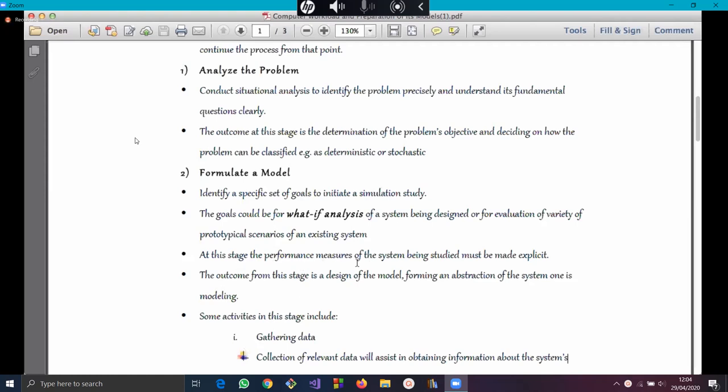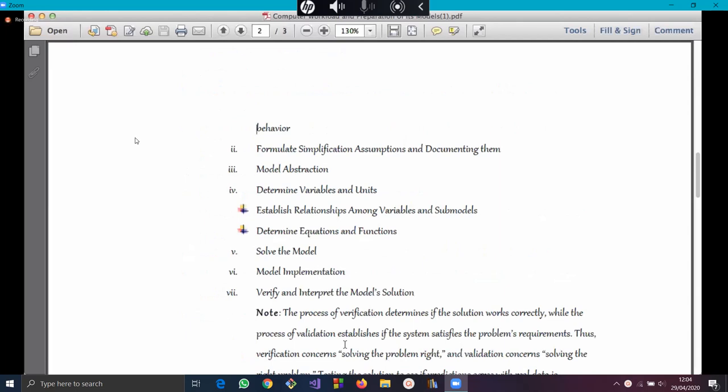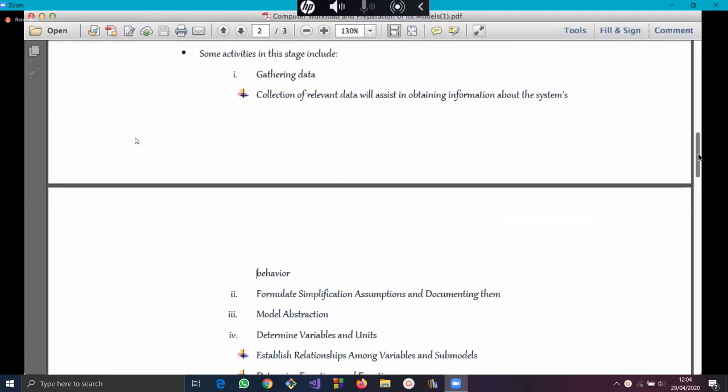These measures we call variables, as you remember, state variables. So I collect this data using the correct measure. There are many methods that one will use to collect data, but I leave that for you. What's important is that collection of relevant data will assist in obtaining information about the system's behavior.